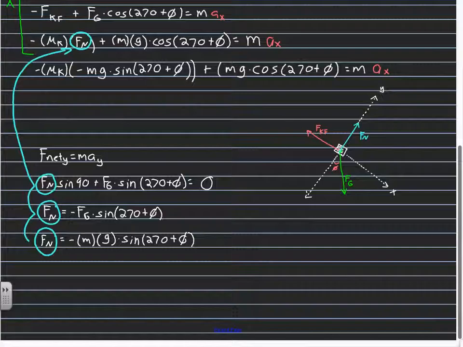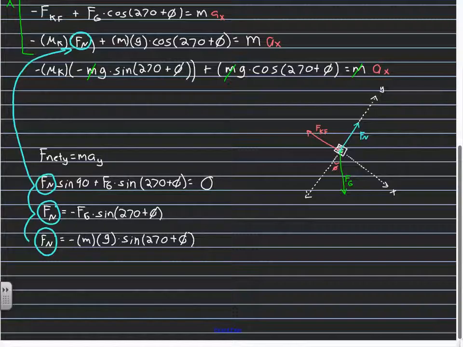The cool thing about it now is everything, if you notice, is known. We know the coefficient, the mass, the acceleration of gravity, the angle, and we're looking for acceleration. So here, guys, is simply solve for your one unknown. And in doing so, you see that there's a mass in every term. Here, here, and here. So that means they can cancel out. So the mass does not play a part.